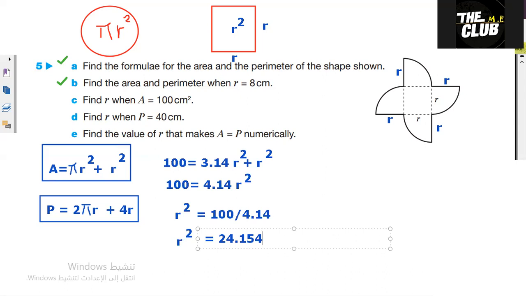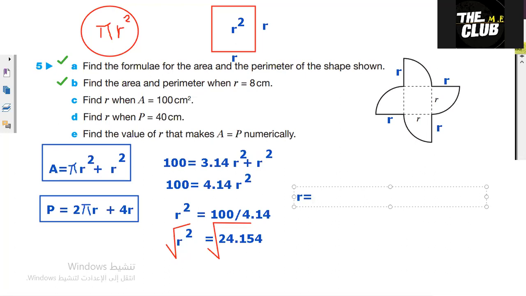You can use the whole number and put it under the square root, because we need the r. So square root this, square root that. So at the end, r will equal the number under the square root.